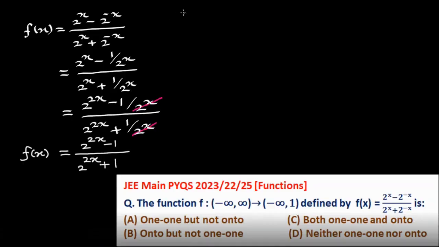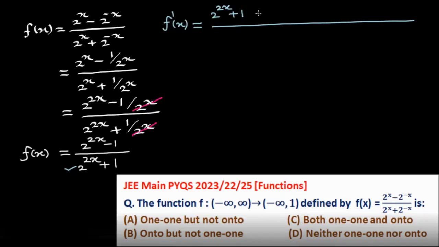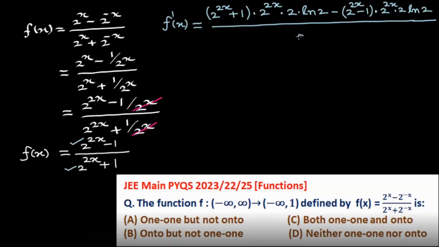Next we have to find f'(x), which is by quotient rule. This is (2^(2x) plus 1) into the derivative of the numerator 2^(2x) minus 1, which is 2^(2x) into 2 ln 2, minus the numerator (2^(2x) minus 1) into the derivative of the denominator, 2^(2x) into 2 ln 2, upon the square of the denominator, (2^(2x) plus 1) whole square.